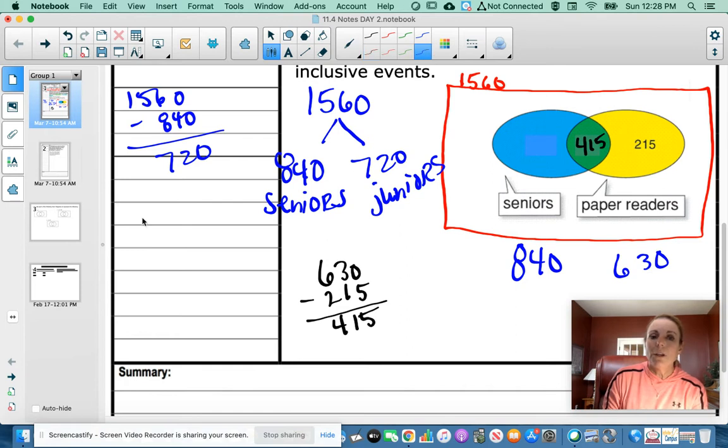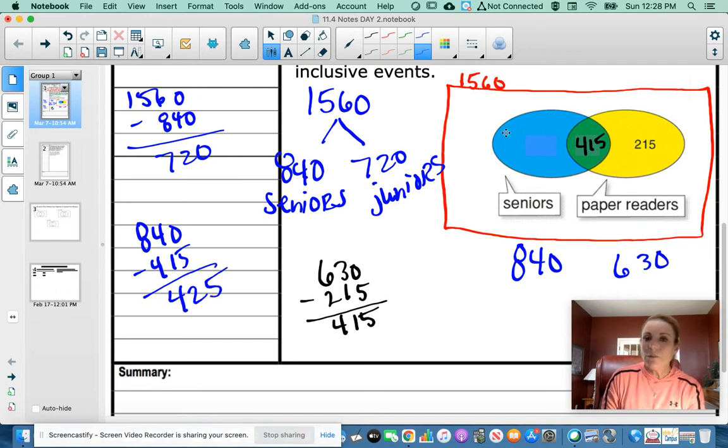Well, if we know we have 840 seniors and 415 of them are paper readers, that tells us that 425 of them are not paper readers. Let's go through, obviously 425 plus 415 is going to be 840, and 215 plus 415 is 630.